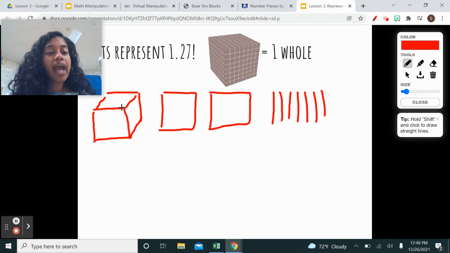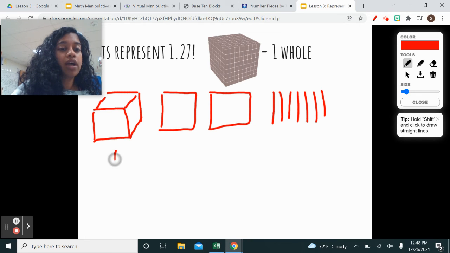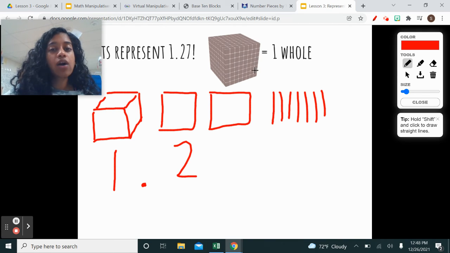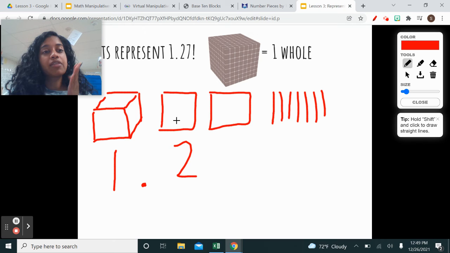So what I have here is 1 whole. That's what this is representative of. Now I'm going to cut up all these other pieces. And I have 2/10, and because our thousands cube is our whole, we have to figure out how we can split up our thousands cube into 10 pieces to represent 1/10, which is going to end up being our hundreds flat. So we have our flat here.